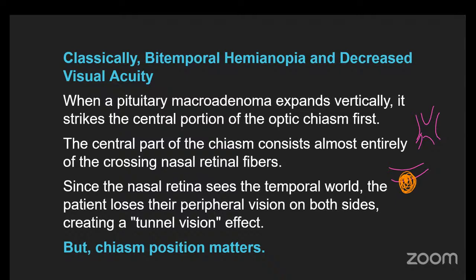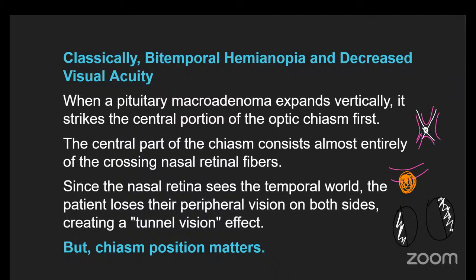Let me draw them. So this is how bitemporal hemianopia is going to look. Why? Because there are nasal retinal fibers here. The fibers cross. These are the nasal retinal fibers. They are crossing and they get compressed.